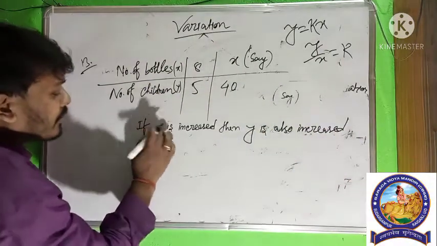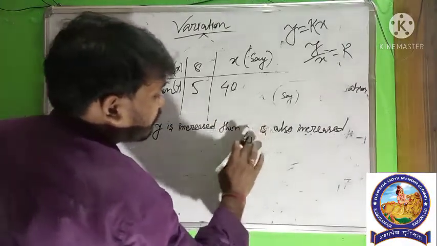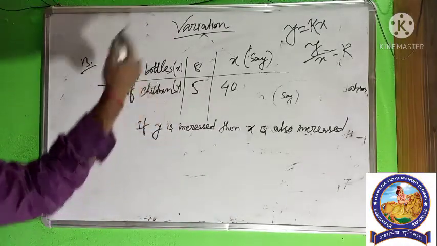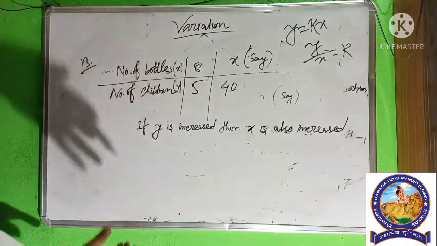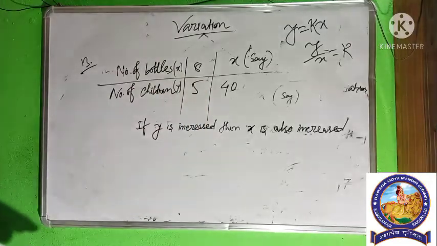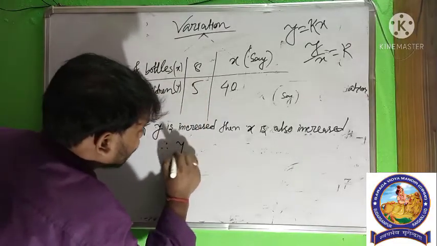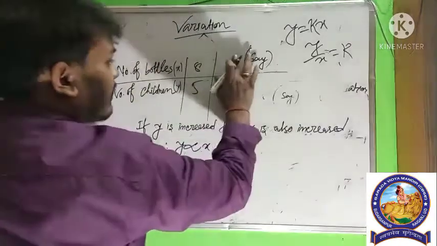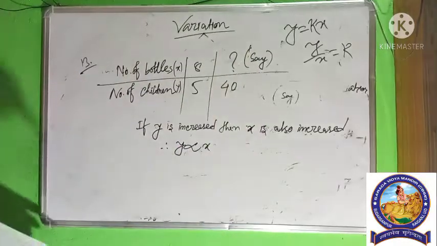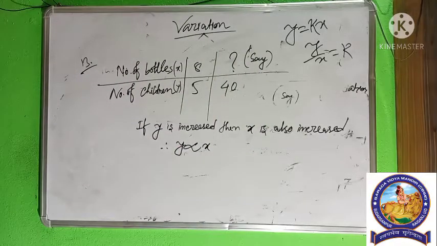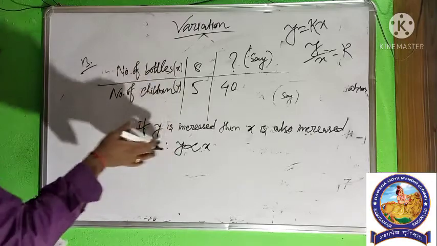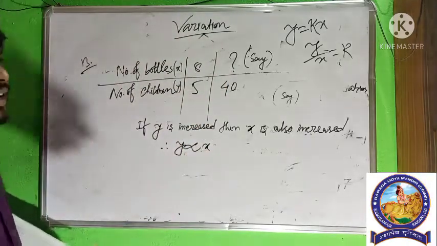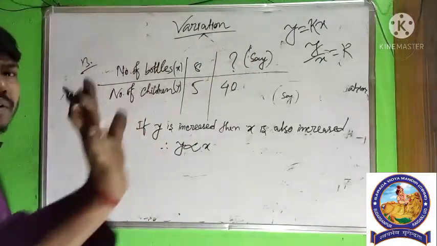In this way you can write, no problem. That means if the number of children increases, then the number of bottles also increases. So y is proportional to x. When you are solving by this method, no need to write a new variable; put only a question mark symbol. You can give another variable but no need.